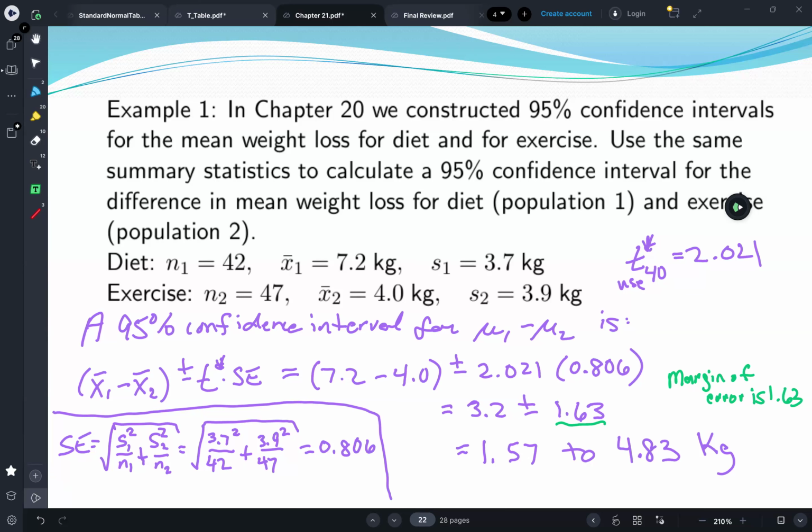So this is the difference between diet and exercise, because it was the average of the diet first. So on average, the diet lost more, 1.57 to 4.83 kilograms more than the exercise. And because there's no zero, we can say there's a significant difference between the two weight loss methods.